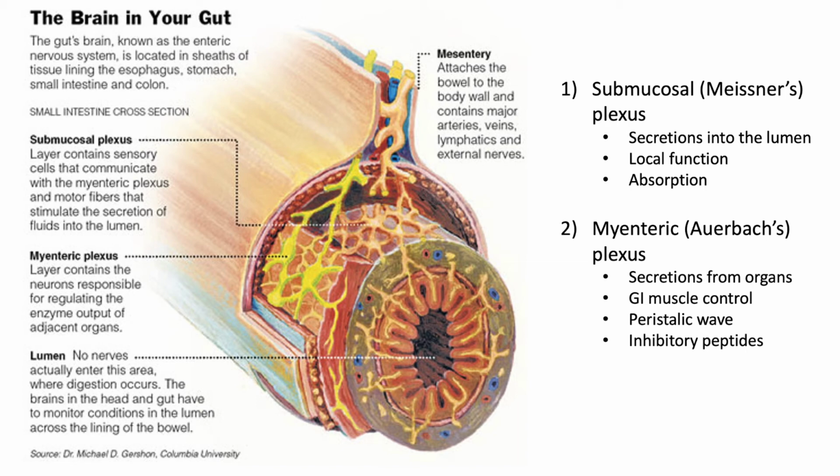The enteric plexus lines the whole GI tract, and it regulates the enzymatic release from organs and controls muscle activity of the GI tract. This way, it can generate peristaltic waves. This plexus also controls secretions of inhibitory peptides, which inhibit sphincters.